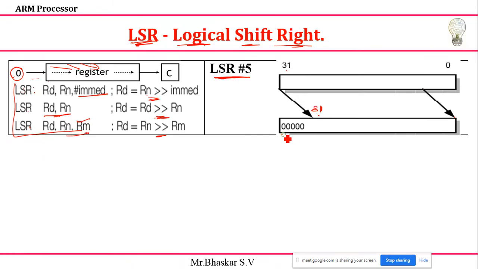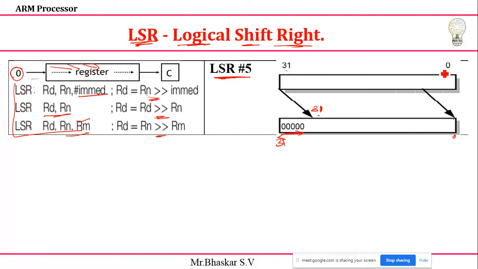You are adding 5 bits to n. Now which bit value will come to the 0th bit? You just tell me. See, 31.